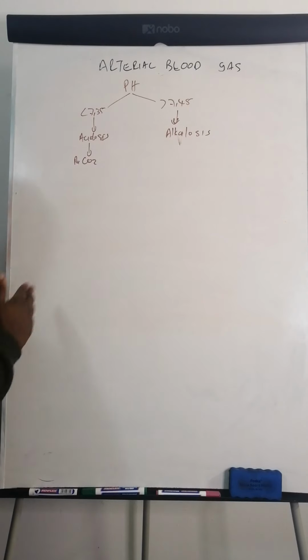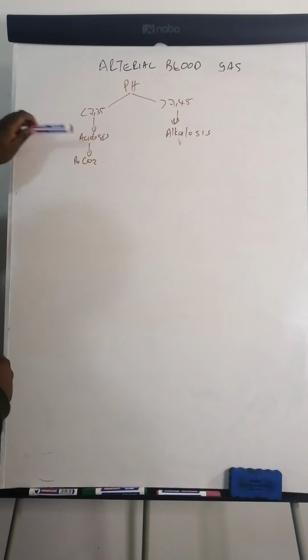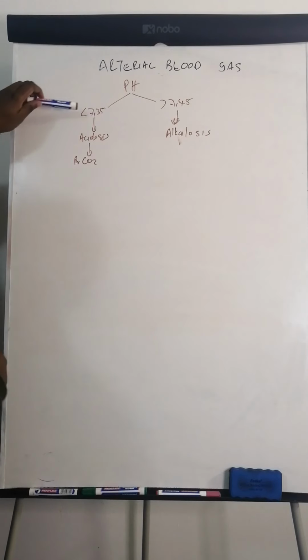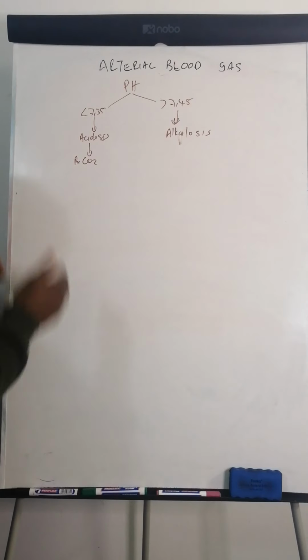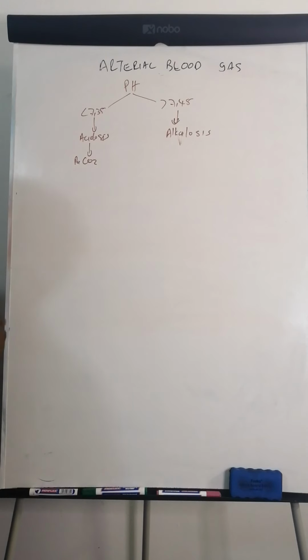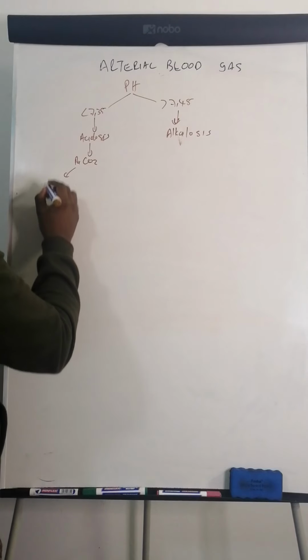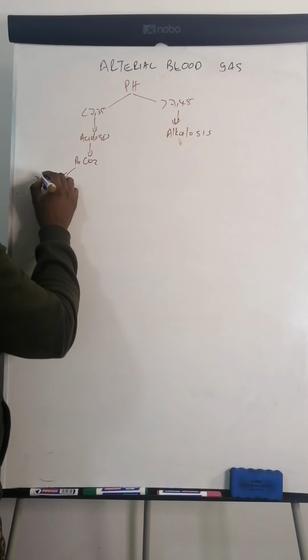Does your partial pressure of CO2 agree with your pH, which is acidic? A partial pressure of CO2 that agrees with acidity is a partial pressure that is more than 45.